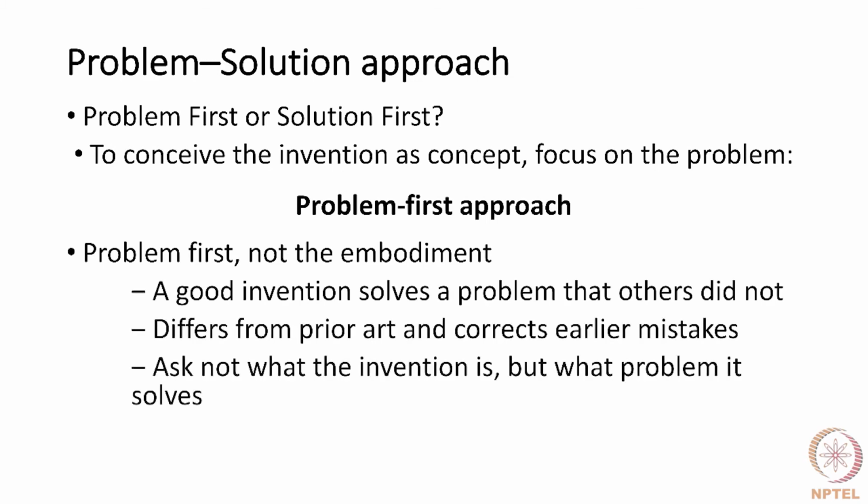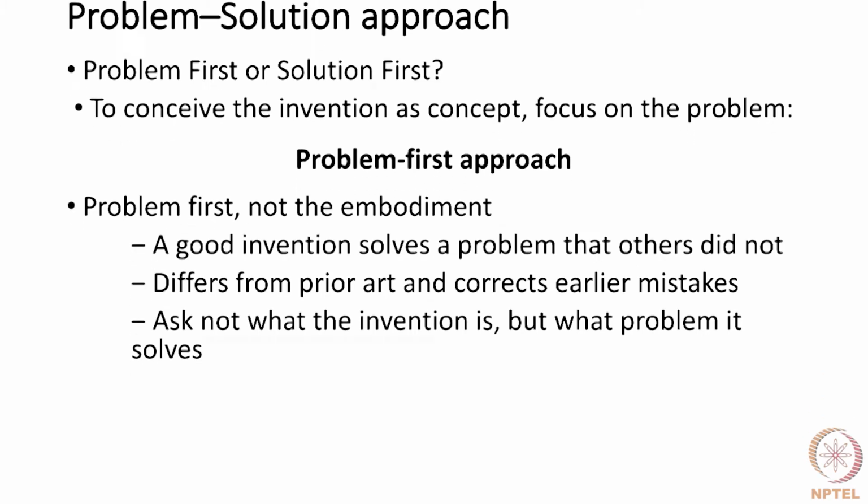So a good invention solves a problem that others did not. It differs from the prior art and corrects earlier mistakes. So what you need to ask is, ask not what the invention is, but ask what is the problem that the invention solved. Now this will help you to look at a concept before drafting your claim.